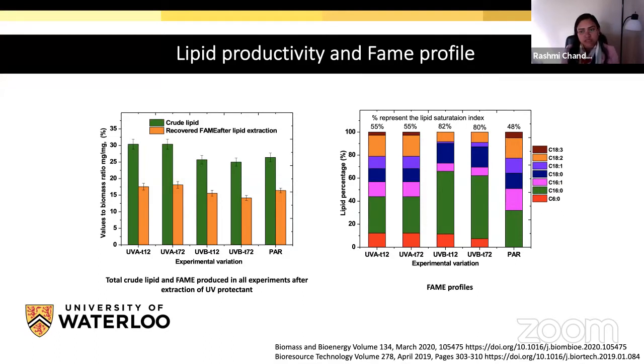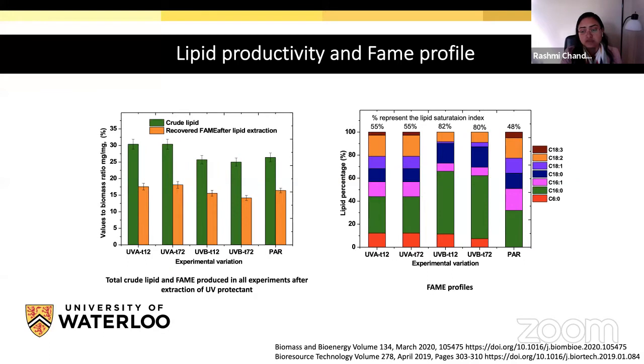After that, I did lipid profiling, which was really interesting because we need mostly saturated fatty acids when we talk about biodiesel. Our UVB actually showed the maximum of C16, as we can see in the figure, which is a good kind of biodiesel property.